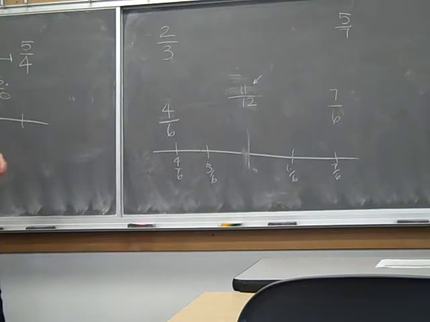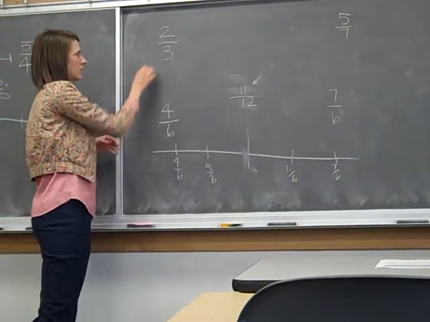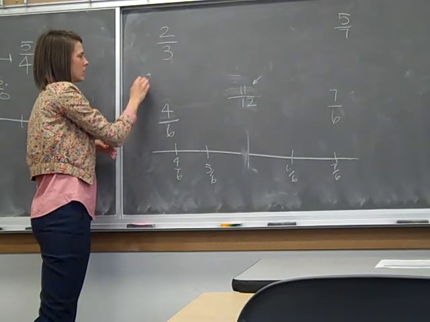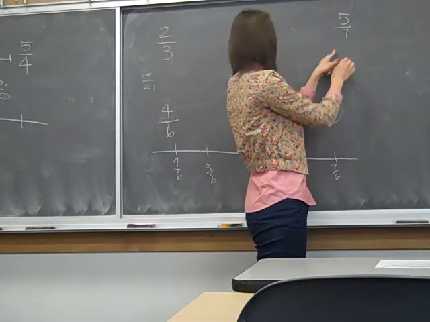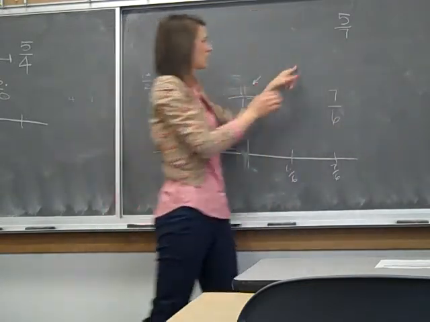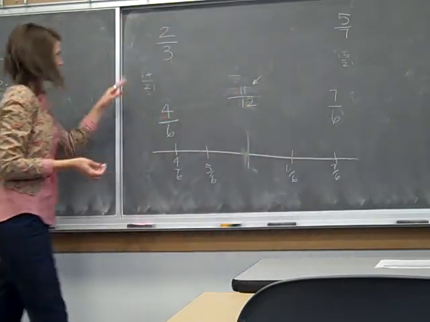Okay? So let's check this really quick. If we do a common denominator, multiply this by 7, and this by 7, we get 14 over 21. Multiply this by 3, we get 15 over 21. So it is actually larger.